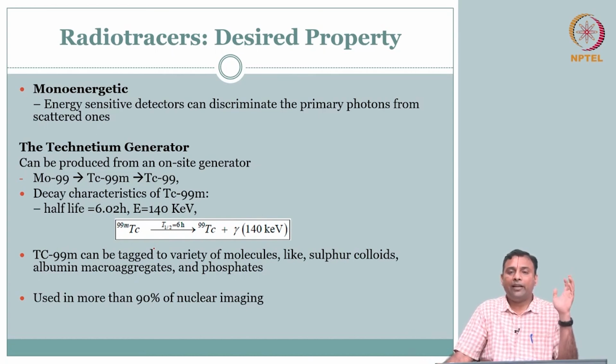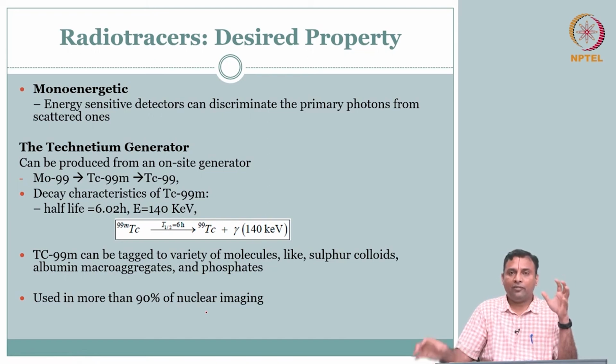Maybe about 10, 20 are also available in the market as a compound that can be used. Each one has, depending on the functionality that you are imaging, some requirement, but 90% of them you have technetium, right.